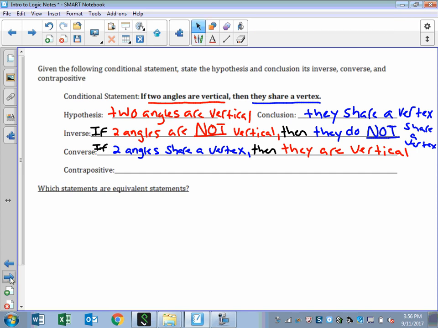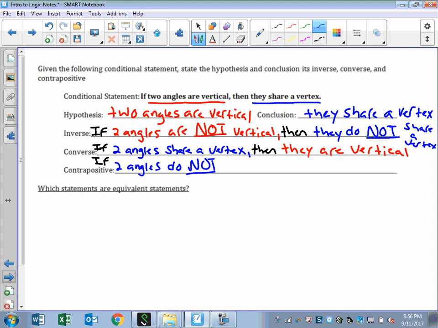So: if two angles do not share a vertex, then they are not vertical.